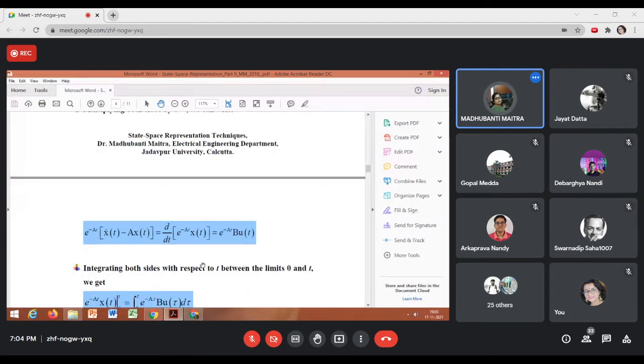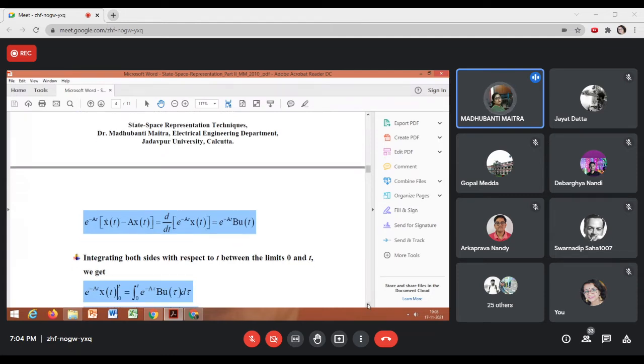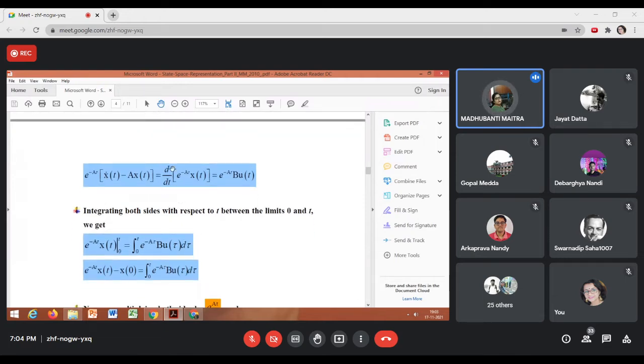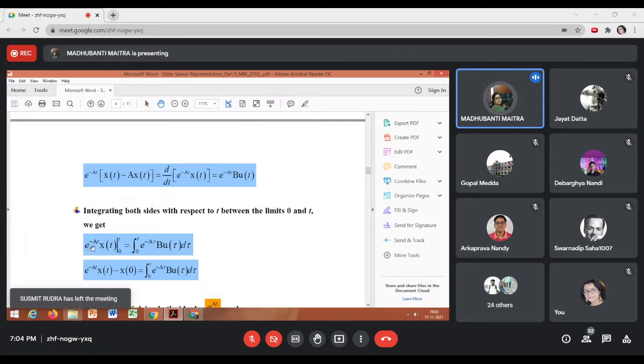Now we are trying to solve this equation, so that means we'll have to perform integration. If we perform integration, then this term will be e to the power minus At xt, and the limits will be 0 and t. This is the lower limit and this is the upper limit. And the right hand side will be equal to the integration from 0 to t of e to the power minus A tau Bu tau d tau.